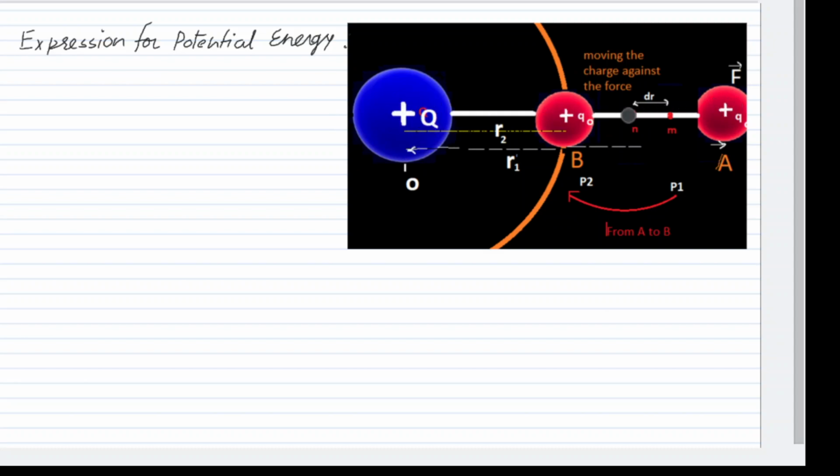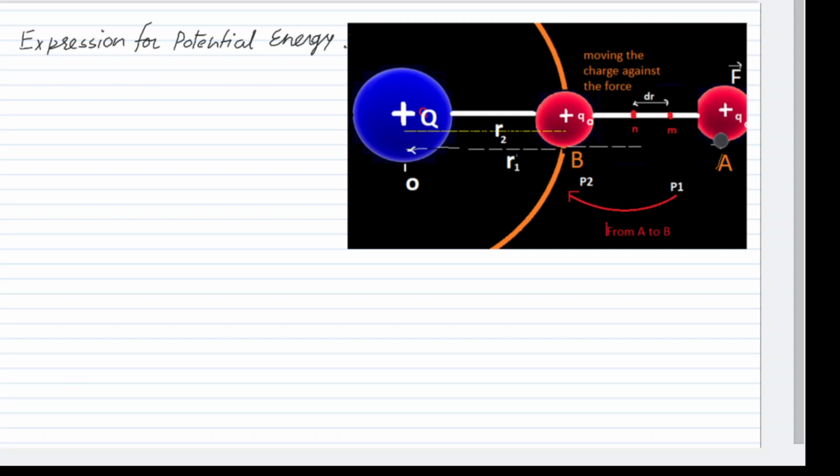There is a force of repulsion between them because both the charges are positive. The force of repulsion is shown by letter F and directed in this way.